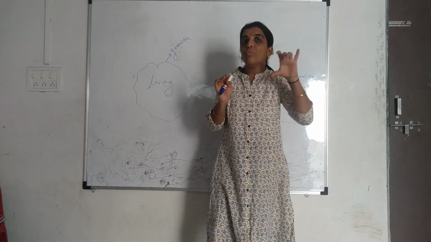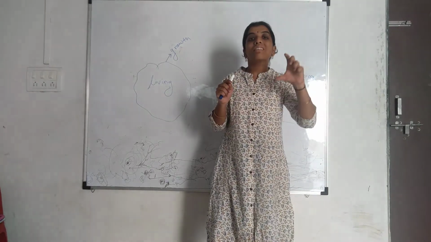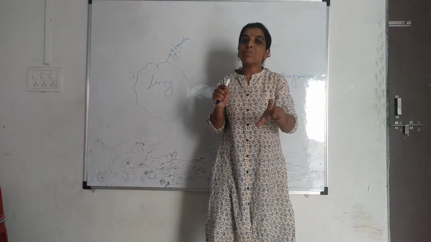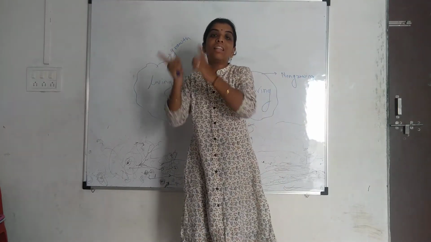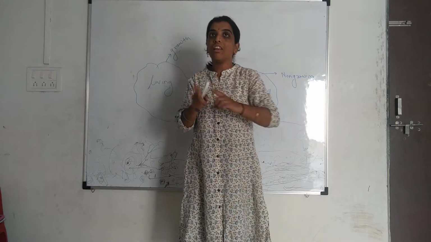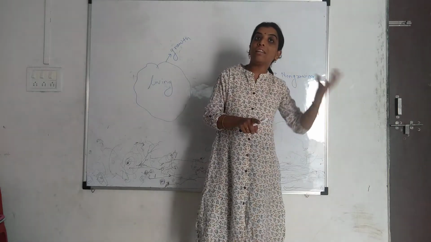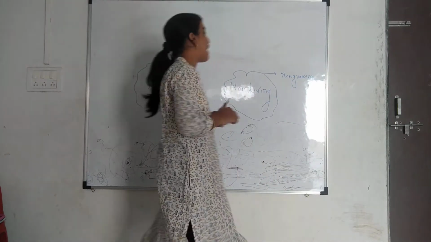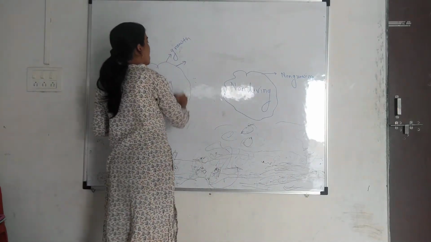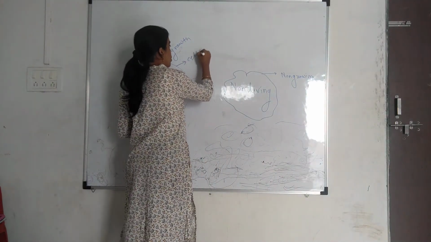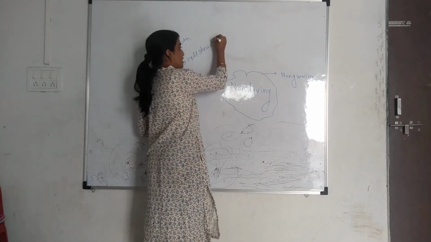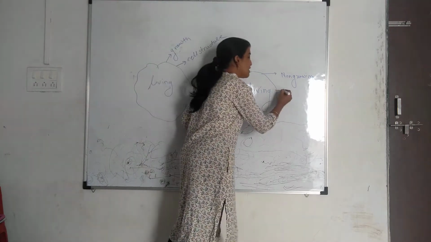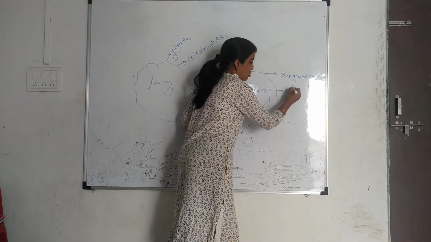Do you know what you mean by cell? Cell is the basic unit of life. If a cell is present in any living thing, then that is a living thing, and if the cell is absent, then that is a non-living thing. So that is the second difference: living things have cellular structure, and non-living things do not have the cell structure.